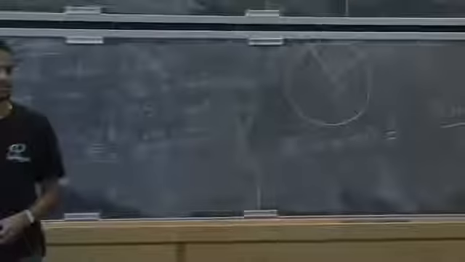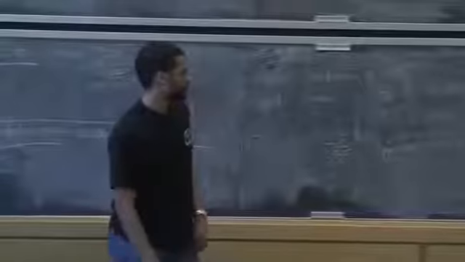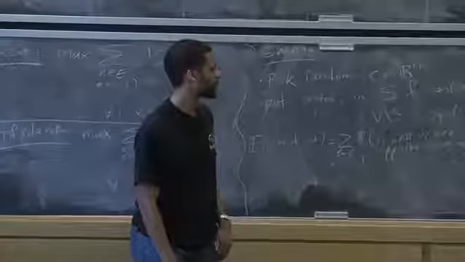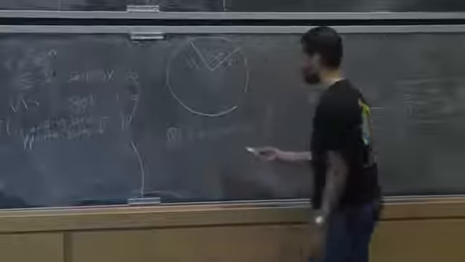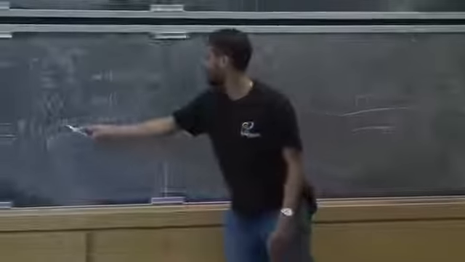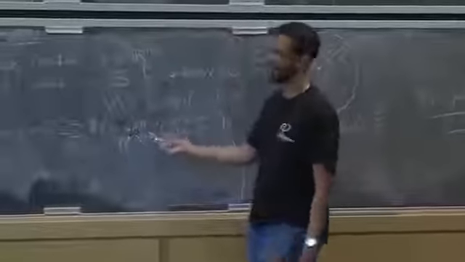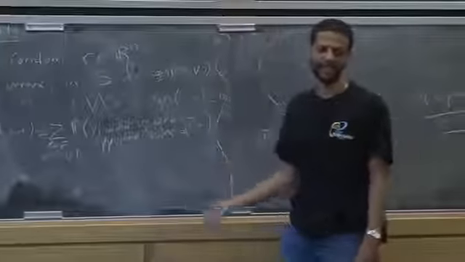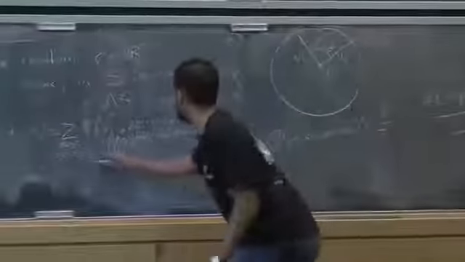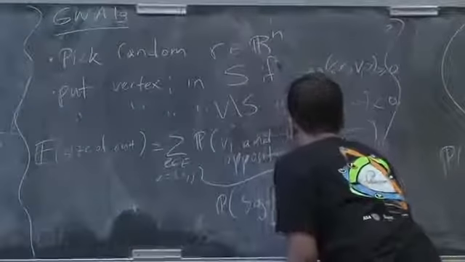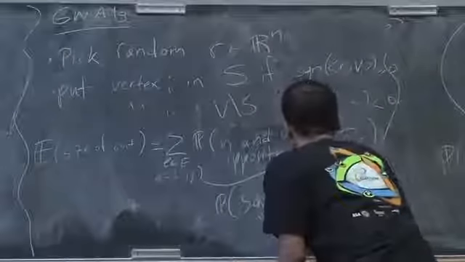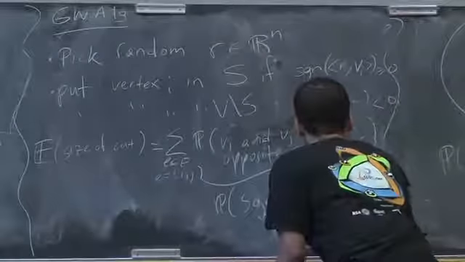Yeah. When you say opposite sides of r, is it really opposite sides of the hyperplane? Yeah, I just mean, what's the probability that the sign of vi dot r is not equal to the sign of vj dot r?